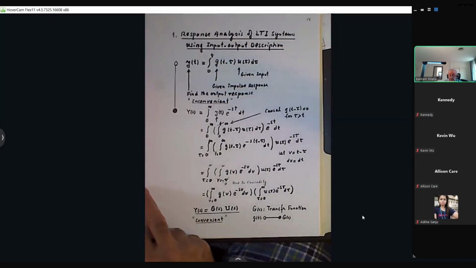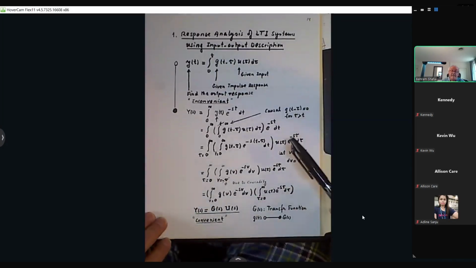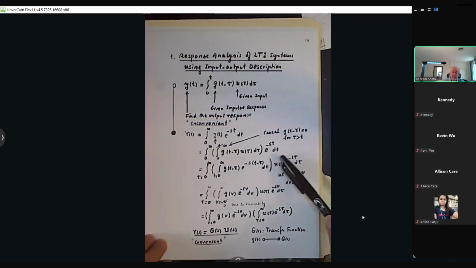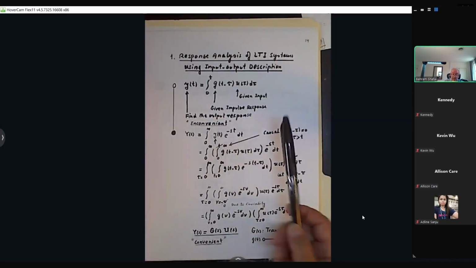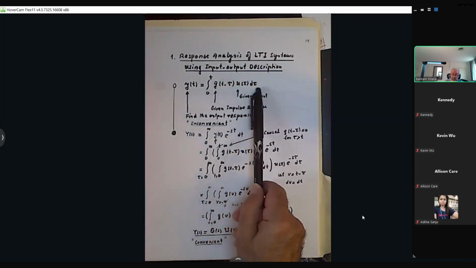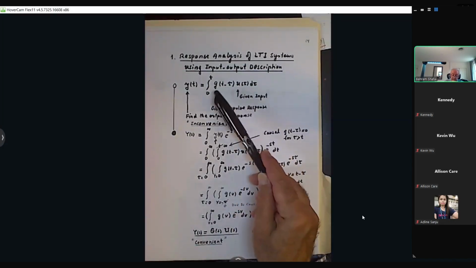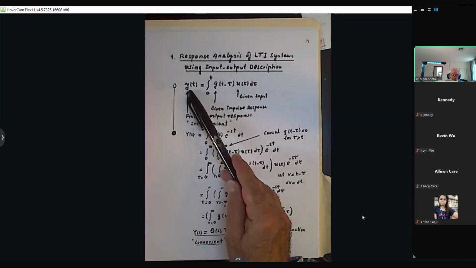After that, we went to the concept of response analysis of linear time invariant system first. And I mentioned that again, when you have input-output description like that, in order to find the response, I already talked about that. Given any input here and given an impulse response, then you can find the output in the time domain.